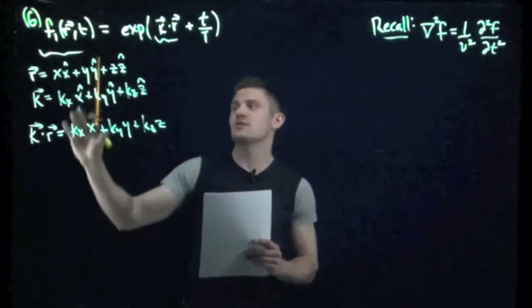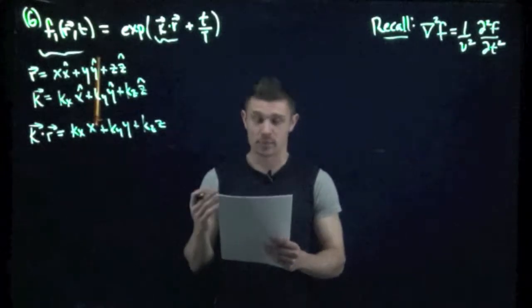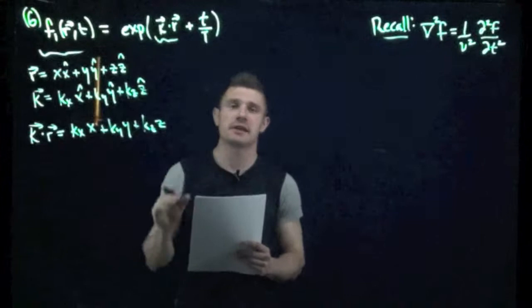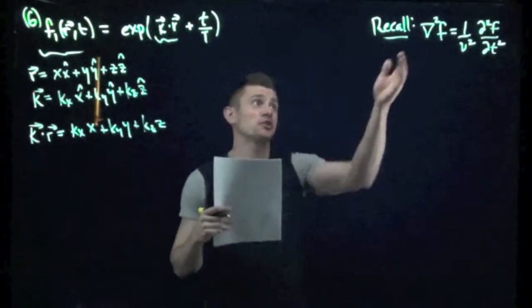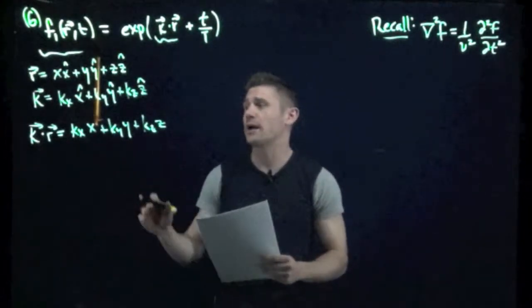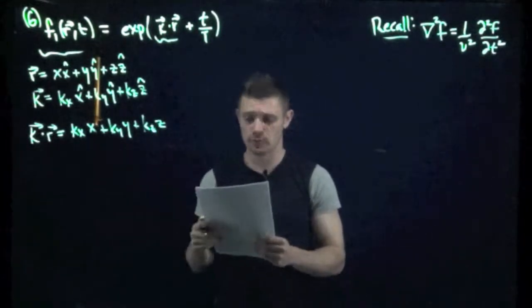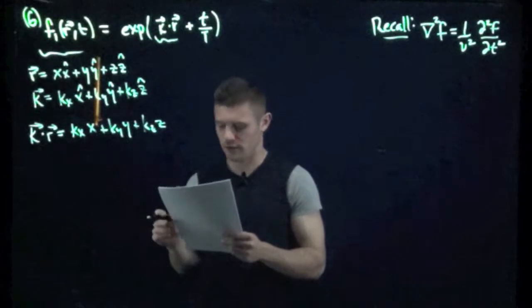Again, this part isn't really given in the problem, but I think this is a really good way to visualize what's actually happening in this exponential. And then when we start taking our spatial derivatives, we'll see why we can pull certain things out of the exponential. So we have k dot r over here.